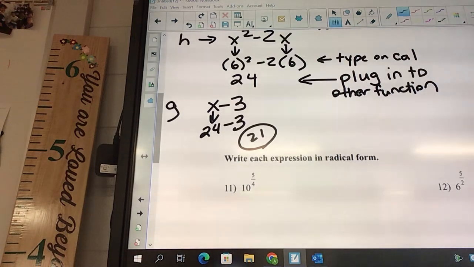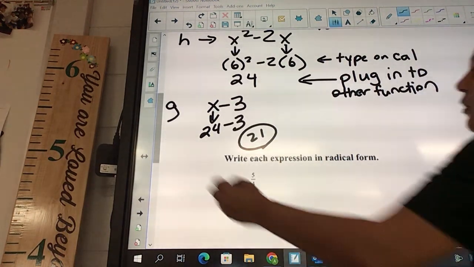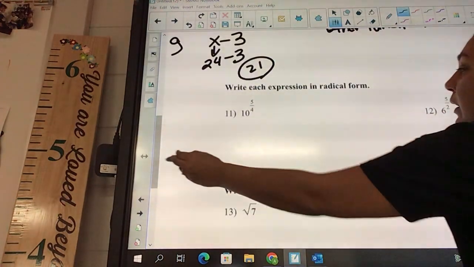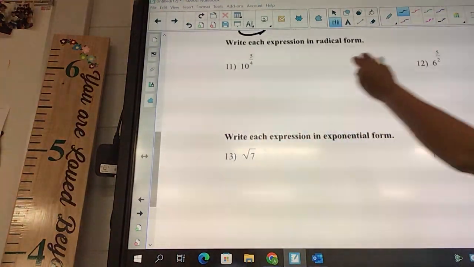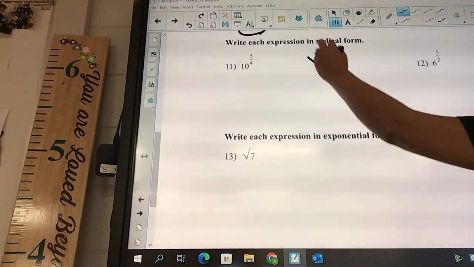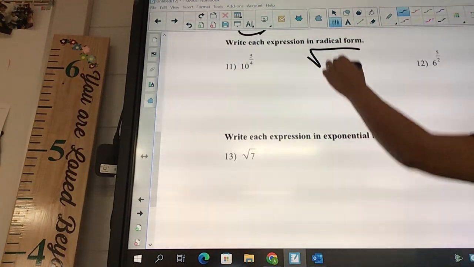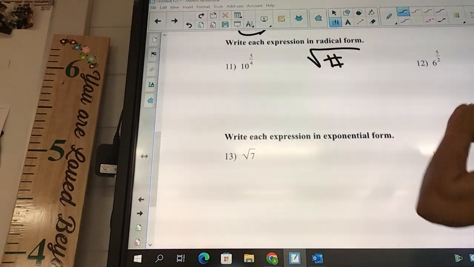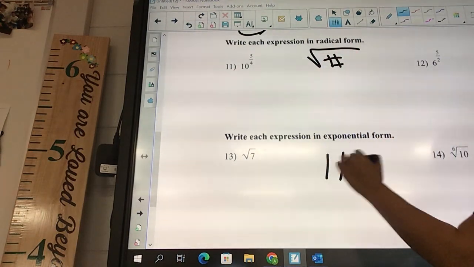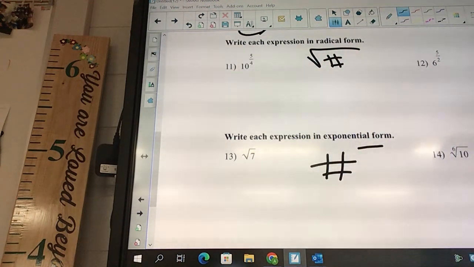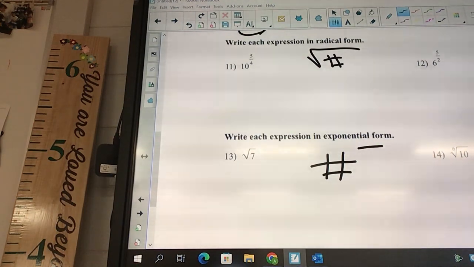The next section on here is write it in radical form. Both of these kind of look similar in the sense that radical form has a radical, and exponent form has an exponent. So we get our number, and this one you're going to have a number.